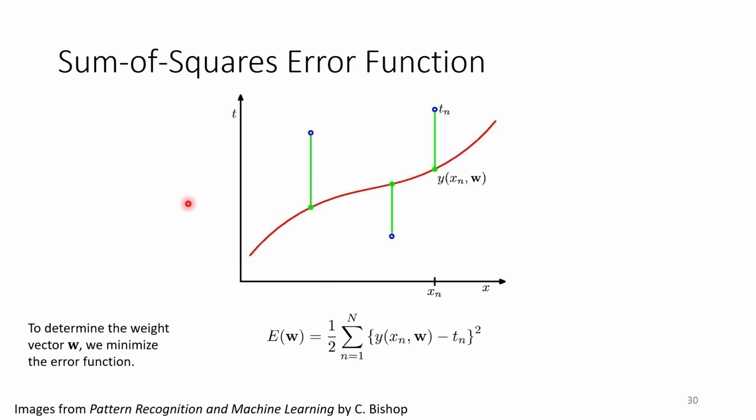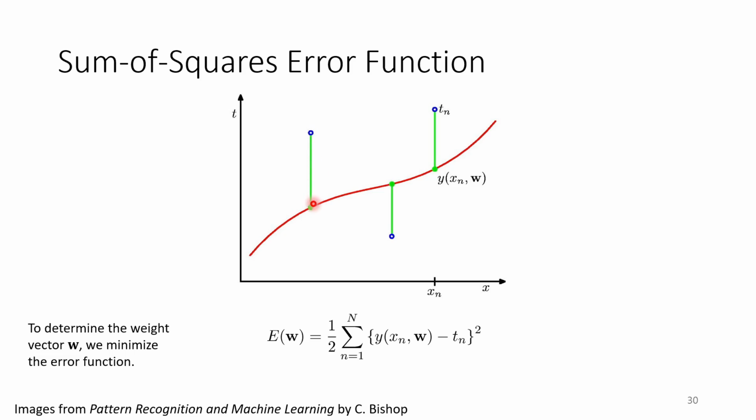Suppose we use the sum of squares error function. It means if we have a model and given those x values, the model returns a value like this one. And then there will be a distance, or the error, between the given input data and the model's predicted data.